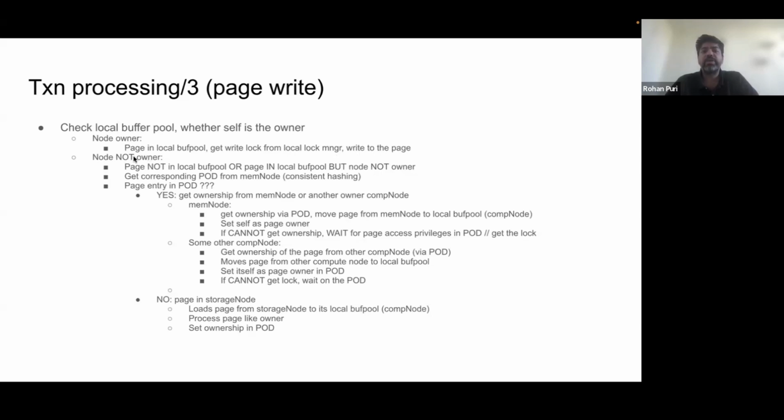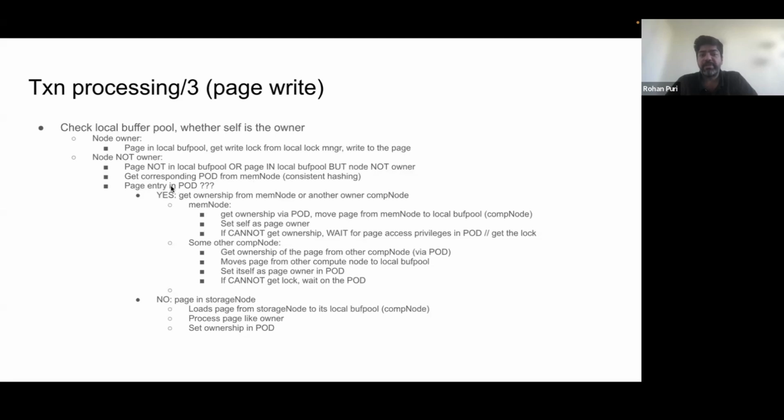But if the node is not the owner, then the page may not be in the local buffer pool, or the page is in the local buffer pool but the node is not the owner. So get the corresponding POD entry from the memory node, and what can happen?